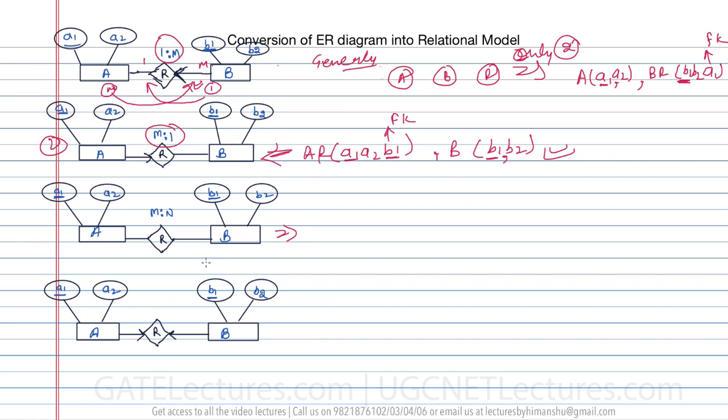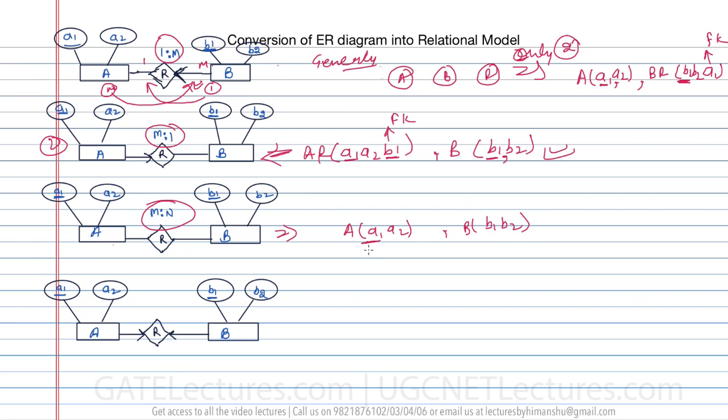If you check out the third diagram, you can see we have two entities, A and B, and this is a many-to-many relationship. The maximum cardinality of A is many, and the maximum cardinality of B is also many. So for A, we can create a table with A1 and A2, and for B, we can create a table with B1 and B2.